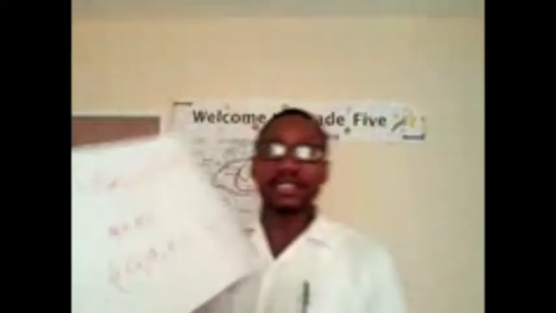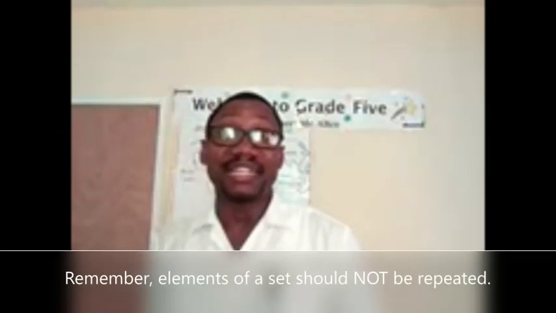No, we don't represent our set like that, because the definition says the objects in a set must not be repeated. In mathematics there are two A's, which are letters of the vowel. So we only write it once. We are not going to repeat it. Because we know that A is a letter of the vowel, we just write it one time and don't have to write it twice.